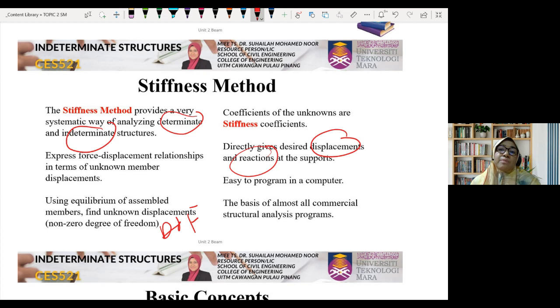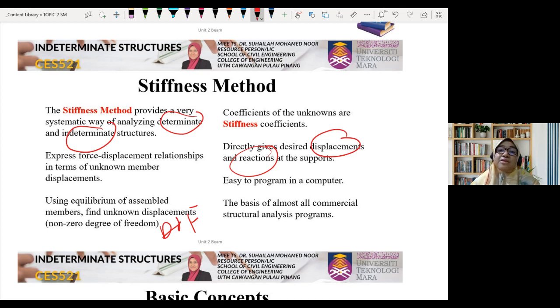If we want to determine displacement, we need to apply the unit load method. We have to put a unit value at the position where we want to calculate displacement, and then apply the virtual system. Then we can calculate the displacement one at a time.